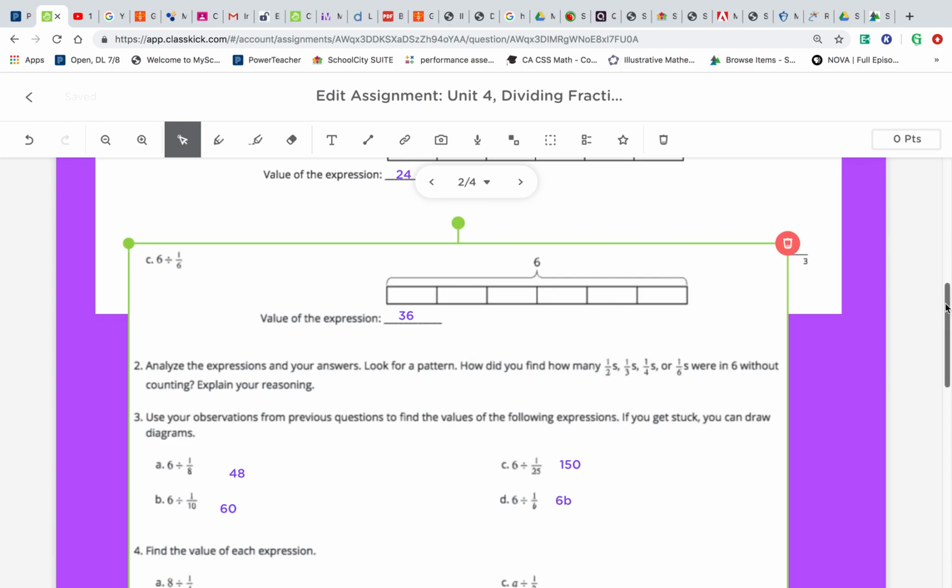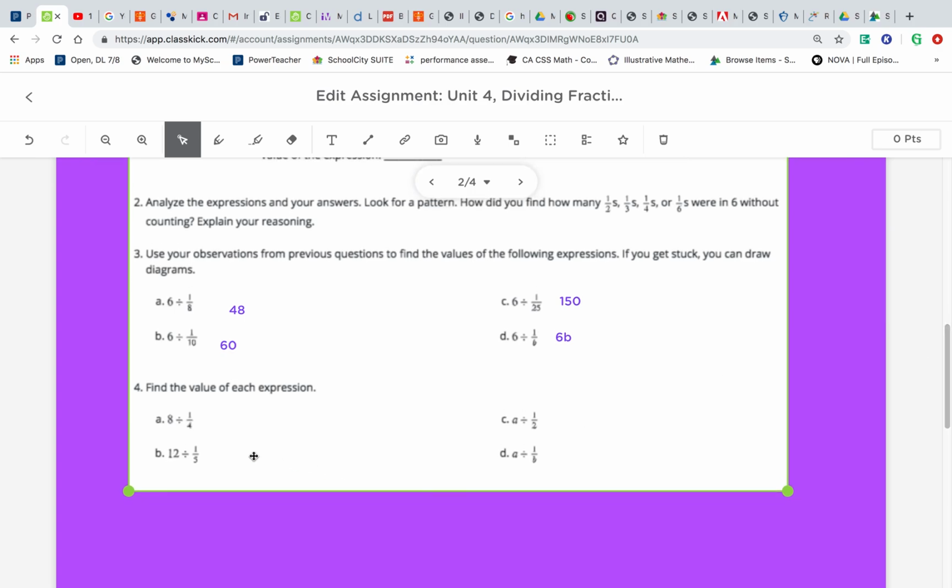By now we want to see if we can move a little bit faster, right? 8 divided by 1/4. Well, that's the same thing as 8 times 4. 8 times 4, that's 32. 12 divided by 1/5. That's the same thing as 12 times 5, and 12 times 5 is 60. All right, a divided by 1/2. Well, it's no big deal. We don't know what a is, but we know that it's going to be a times 2.